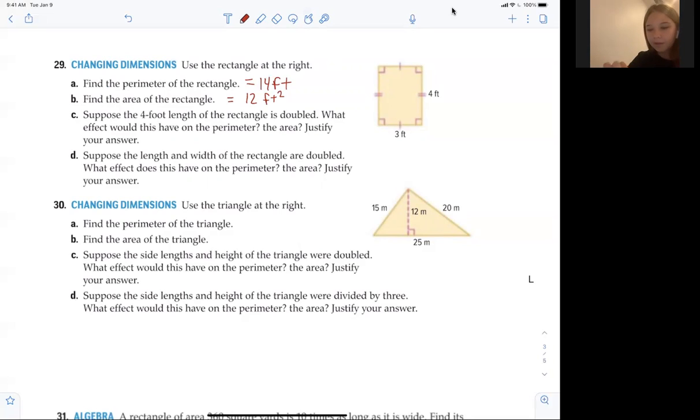Now it says, suppose the 4-foot length was doubled. So what effect would this have on the perimeter?